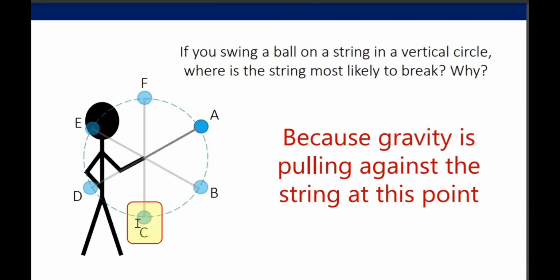At the bottom, at point C that's highlighted, the tension of the string is going up towards the person's hand, towards the center of the circle. The weight of the object is going down. So the centripetal force would be the tension minus the weight. That gives us the centripetal force, and that's because it's a resulting force.